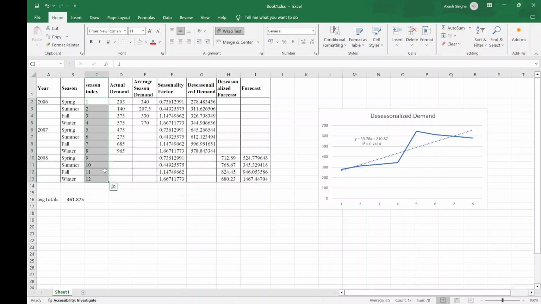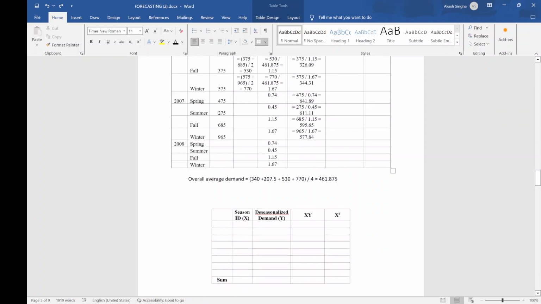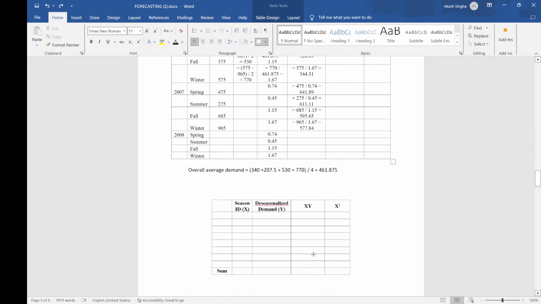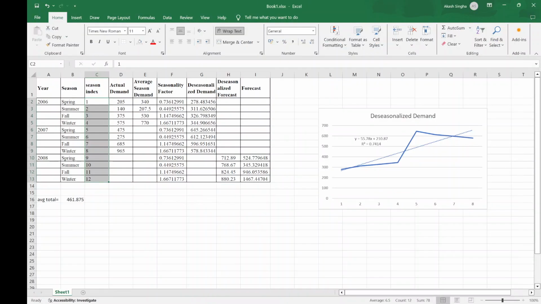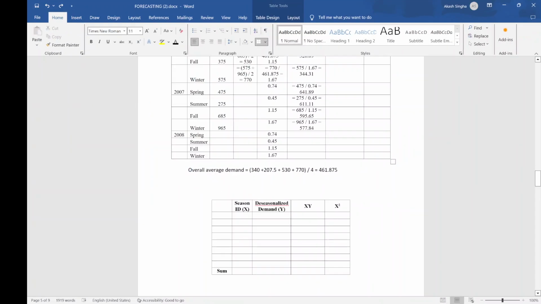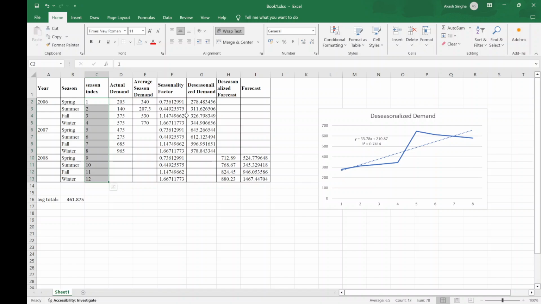You can do it in a couple of ways. If nothing is given, use the same formula for xy, where x is 1 to 12: 1, 2, 3, 4, 5, 6, 7, 8, 9, 10, 11, 12, and y are these values.